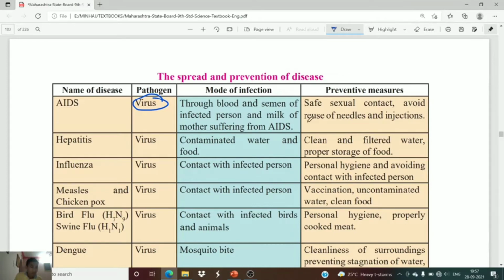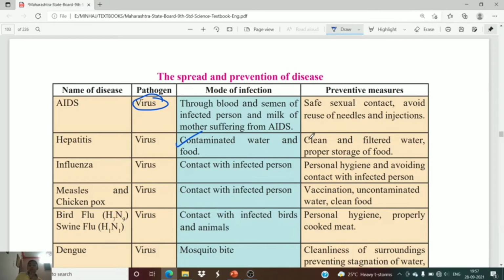Then next is hepatitis. It is also caused by some type of virus. There are viruses A, B, C and D. So what is the mode of infection of this disease? It is spread by contaminated water and food. And how can we prevent hepatitis?